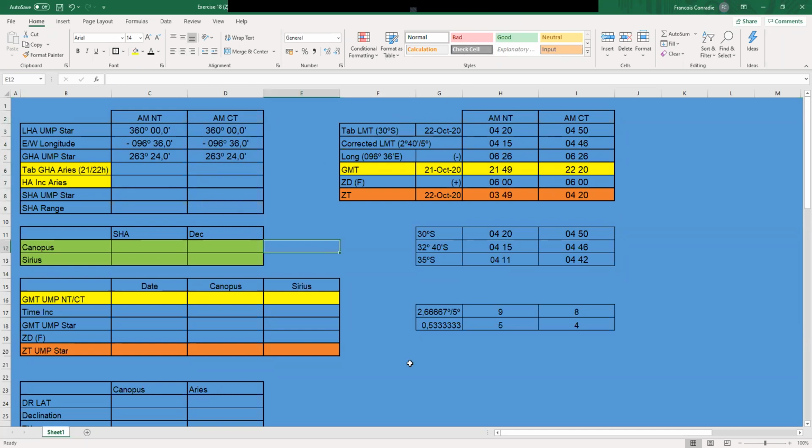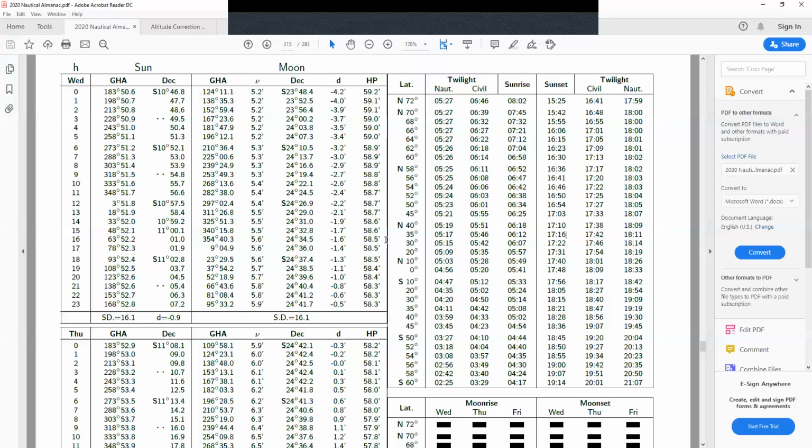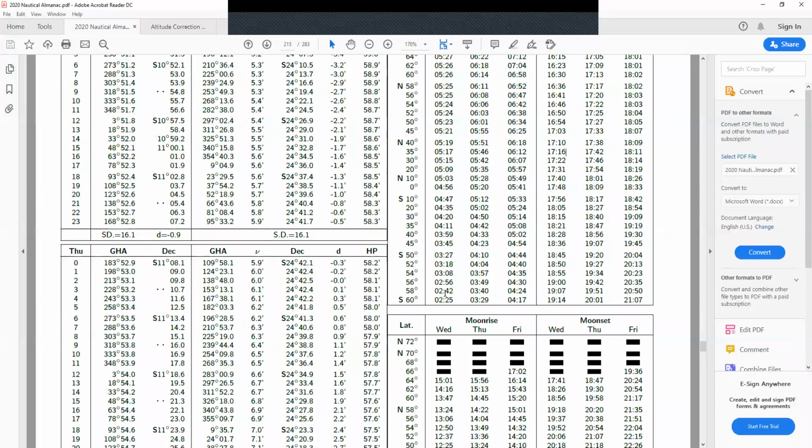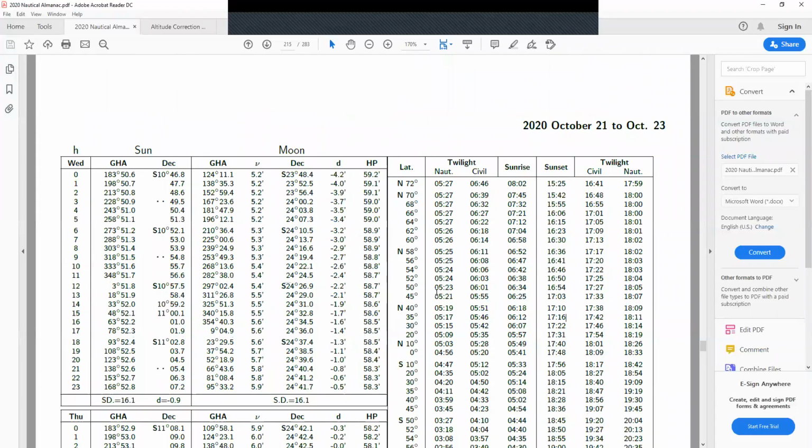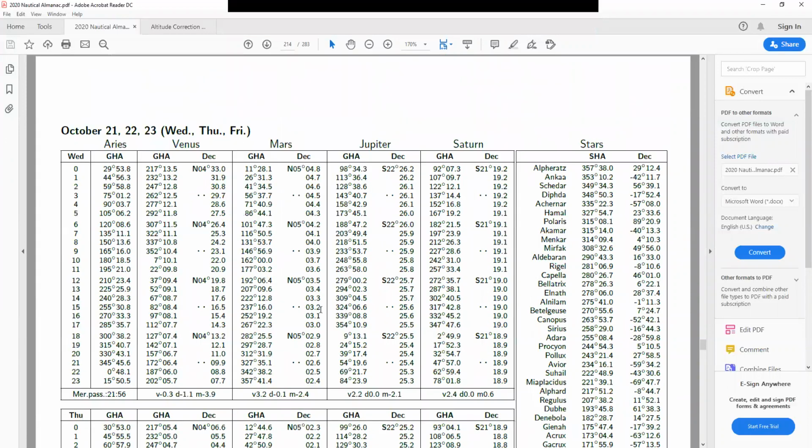Okay, now in the almanac, let's get to the almanac again. Right, so this is the right-hand page. We're obviously looking for this page. So October 21st, it's the first one here.